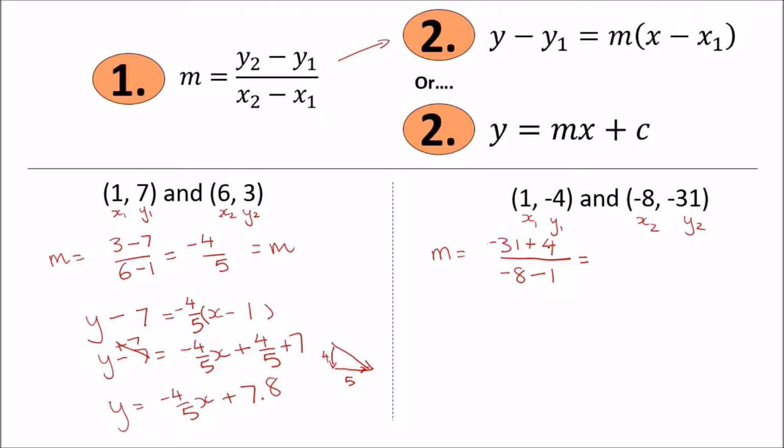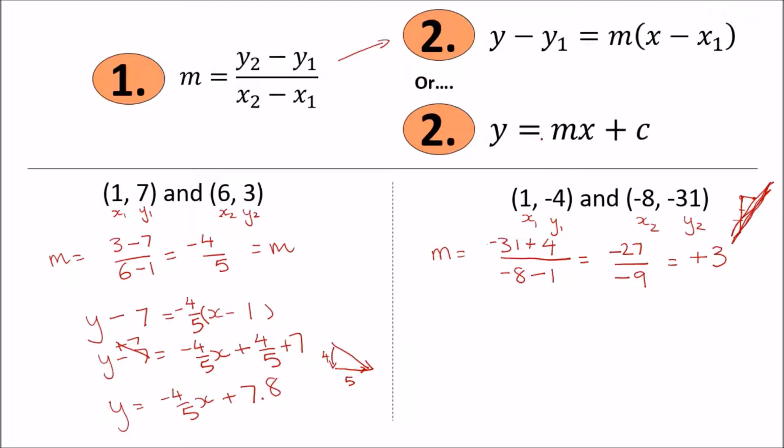So negative 31 plus 4 brings us to negative 27, and negative 8 subtract another 1 brings us to negative 9. So 2 negatives here means our gradient is overall going to be positive. And how many 9s are there in 27? You should get an answer of 3. So your gradient's 3, which means this line's going to go up 3 units every time it runs 1. So that's the sort of gradient you're looking at there.